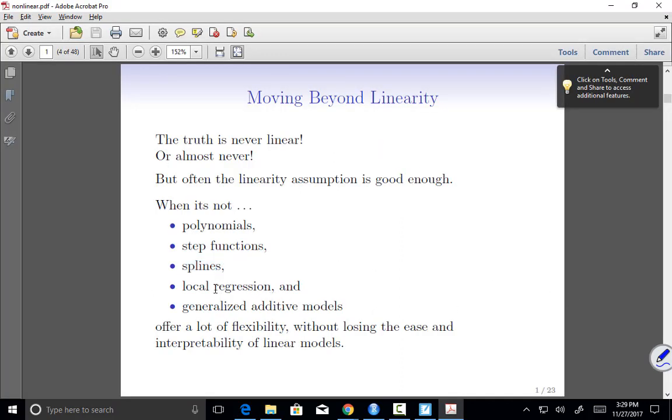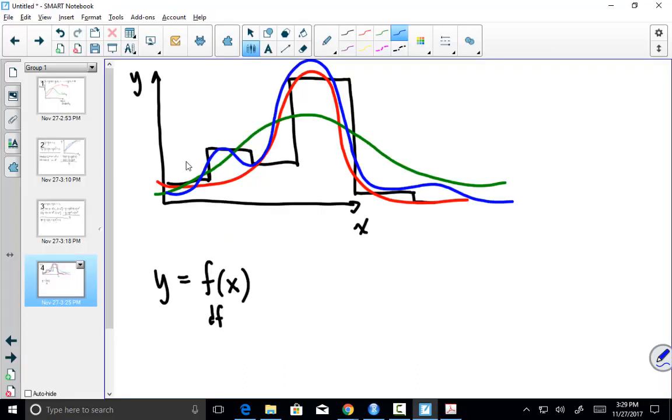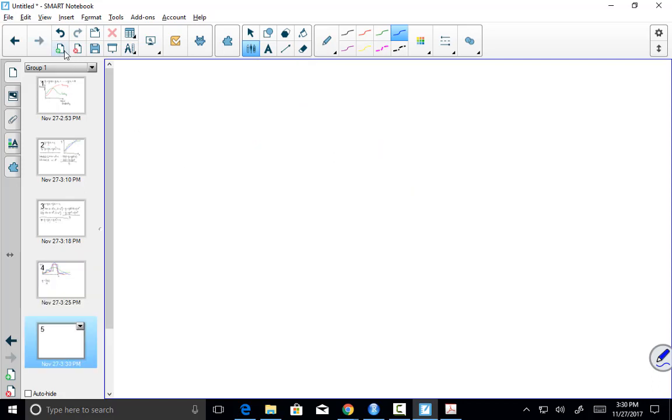A related model type is called local regression. And the idea there is a sensible idea for fitting a curve. Let's draw a picture.